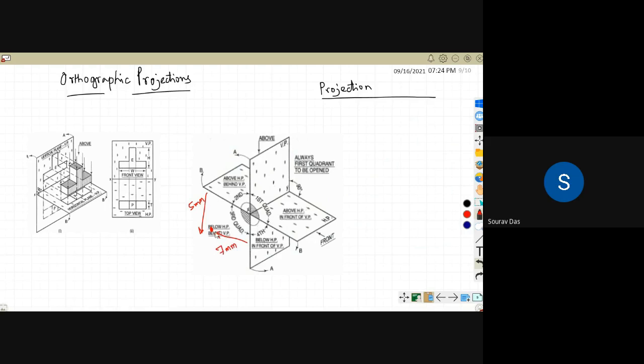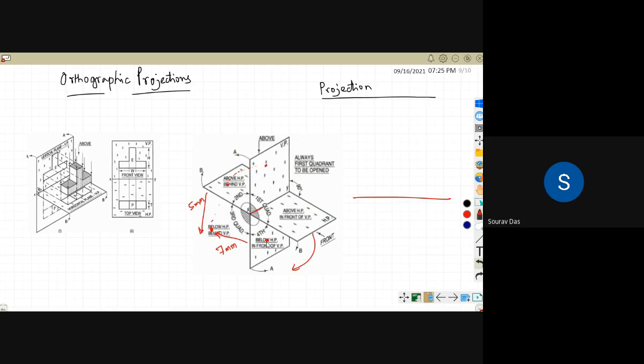The projection of the point, the front view, will be here and the top view will be here, and when we rotate the horizontal plane, that top view will move above the reference line.